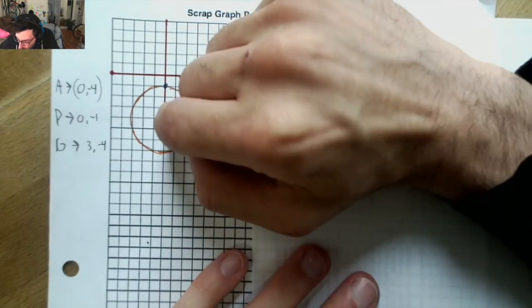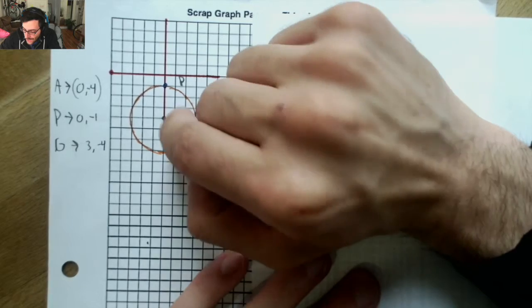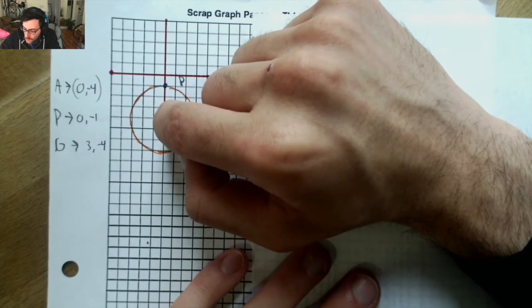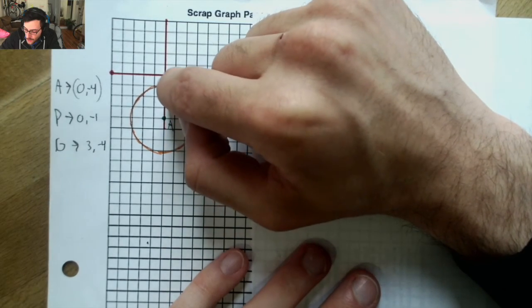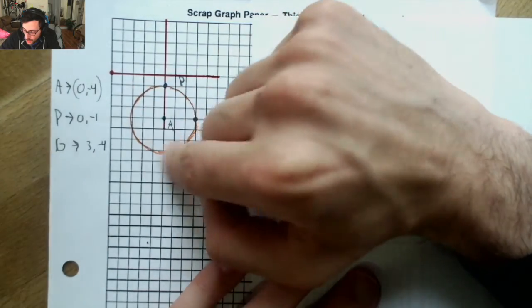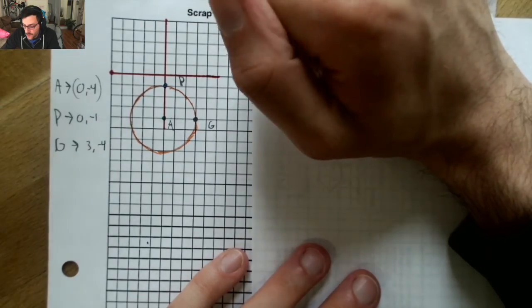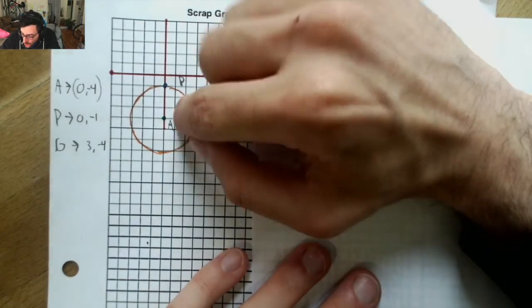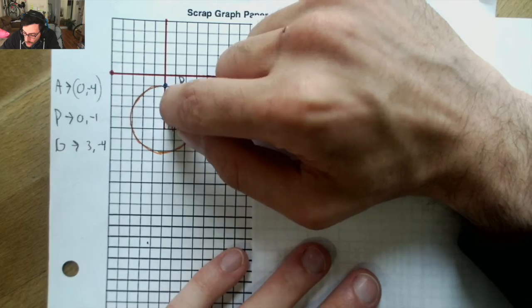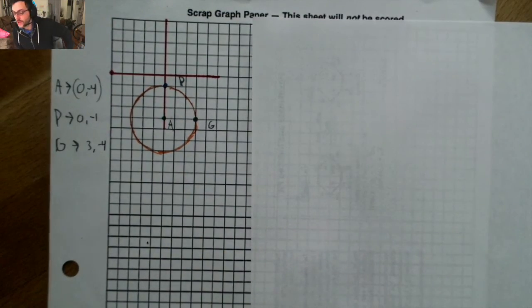Circle A is labeled at the middle point of the circle, and point P is going to be on the circle at the end of the radius. Looking at this graph, since everything lines up nice and easy, we can tell just by counting 1, 2, 3 that our radius has the length of 3.